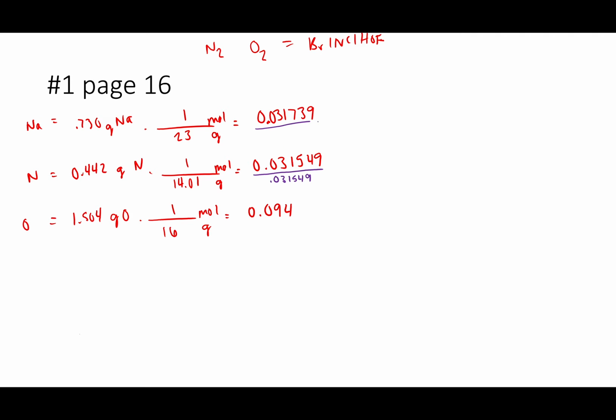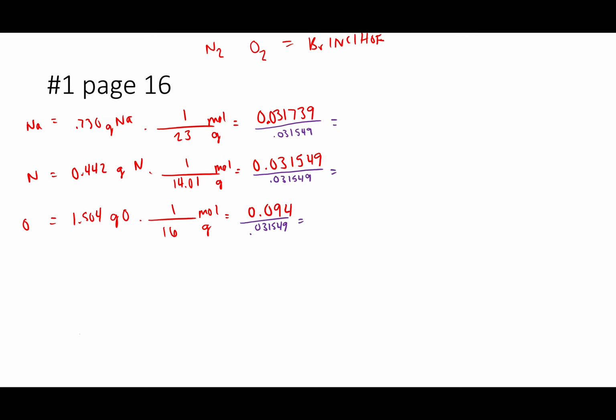So I'm going to divide all of my mole calculations by the smallest number of moles. Again, don't round early. Hopefully this is going to give us a whole number, but I'm not going to round early just in case it doesn't.